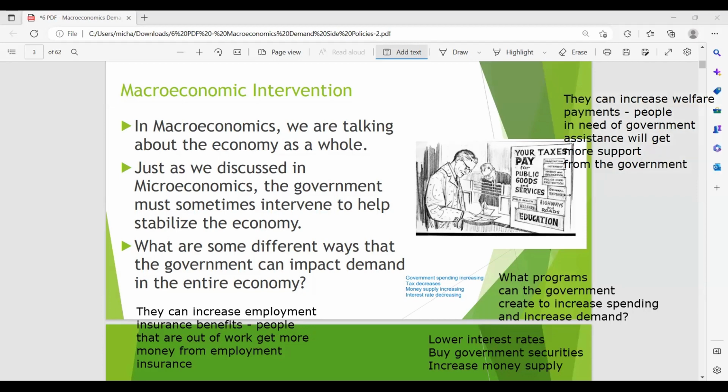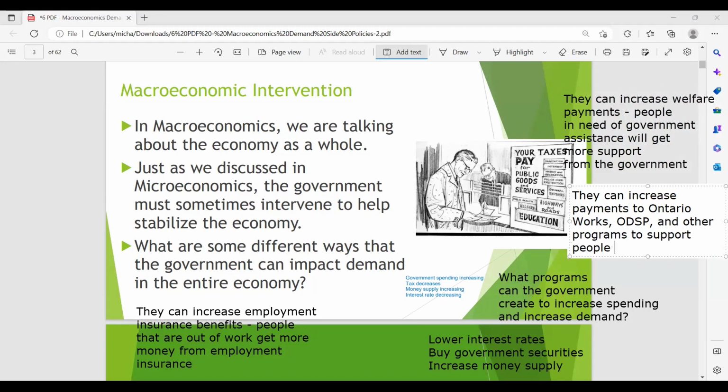They can also increase payments to Ontario Works, ODSP, and other programs to support people in need of income. So those are things they can do.